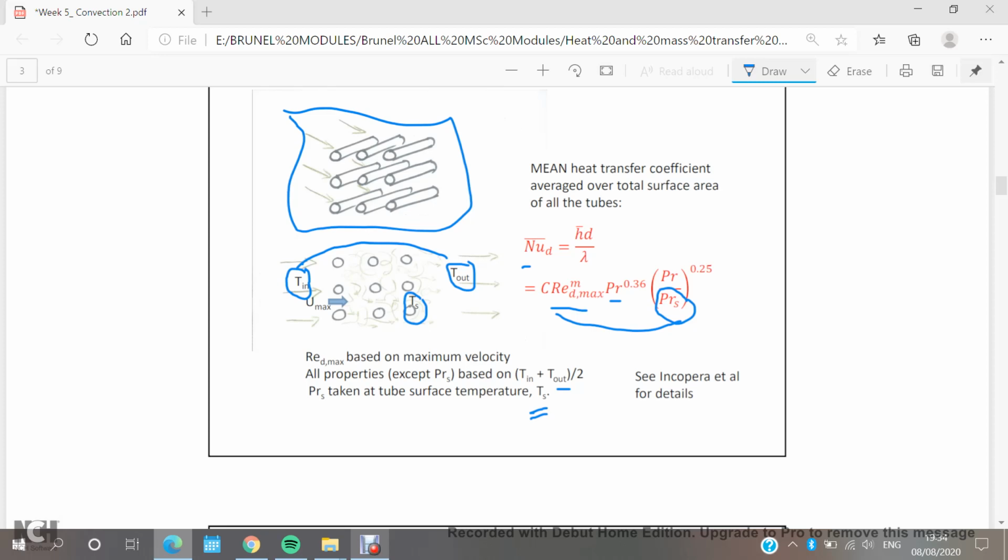But if T in is more than T out, it means the fluid is getting cooler, because the flow was initially hot and after touching the tube surfaces it gets cold. That means the heat transfer moved from the fluid to the bank of tubes, or the tube surface was cold initially.